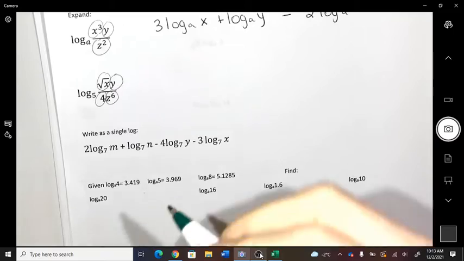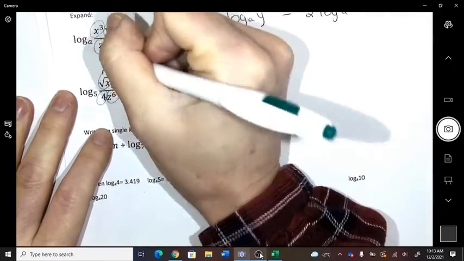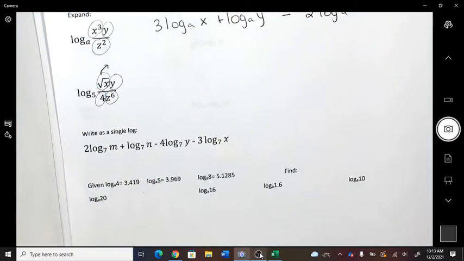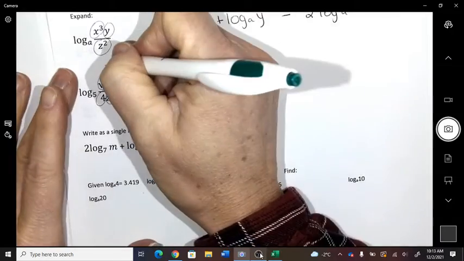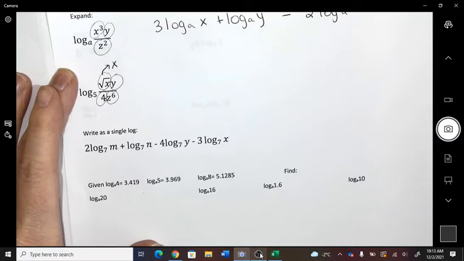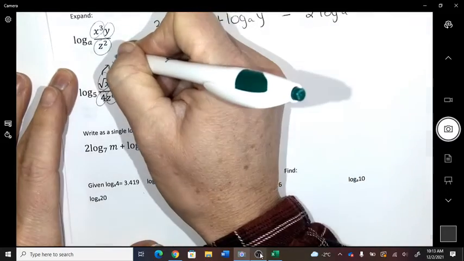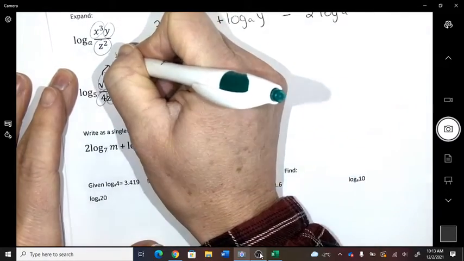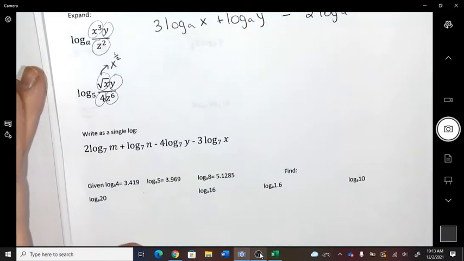Okay, we've learned this already. A square root is the same in math as doing an x to the, do you remember it? 1/2. A root, a square root, and a 1/2 exponent.